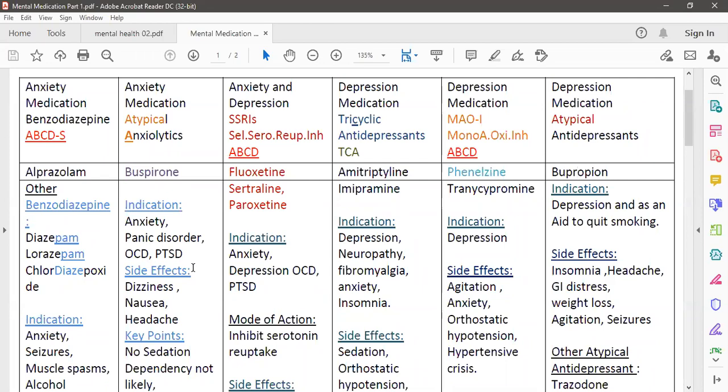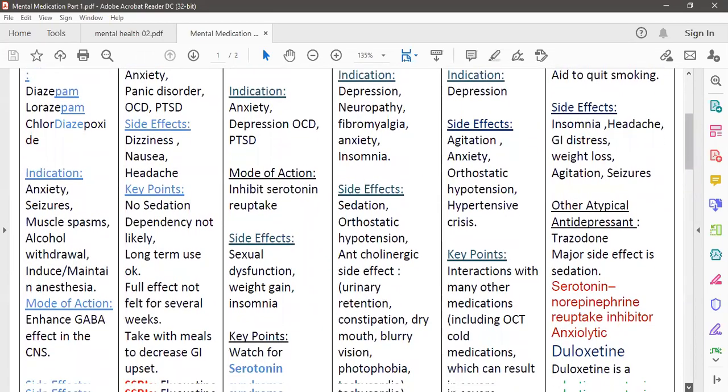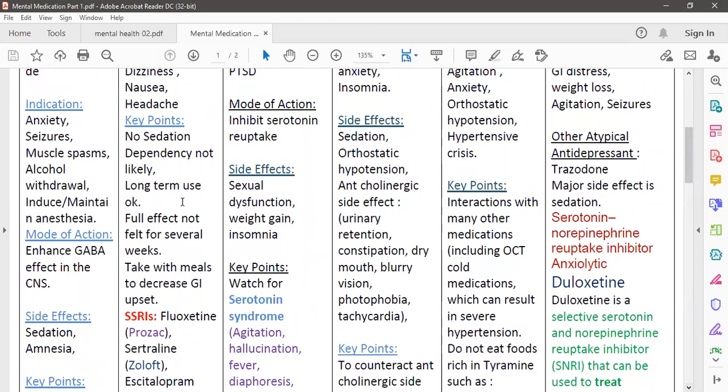The common side effects of buspirone are a little different from benzodiazepines. They can cause dizziness, nausea, and headache. The key point about buspirone for the NCLEX board exam that you must know is that buspirone is preferable over benzodiazepines. Benzodiazepines can cause sedation, but buspirone does not produce sedation, so no sedation.